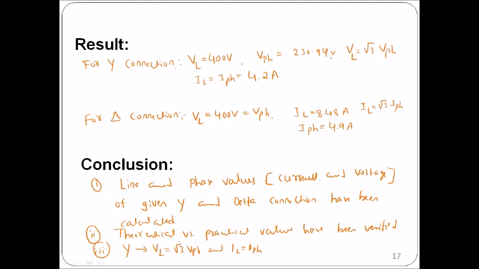Also it is proved from this experiment that for delta connection VL equal to V phase and IL equal to root 3 I phase. Okay, so these are the important conclusions from conducting this experiment. Thank you all.